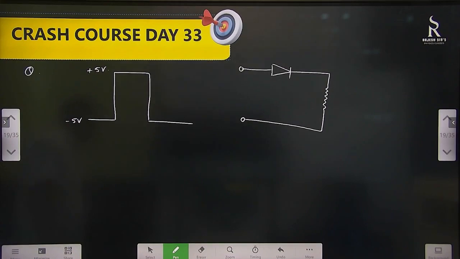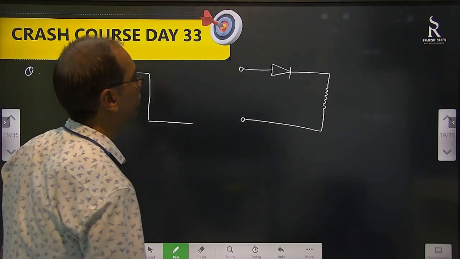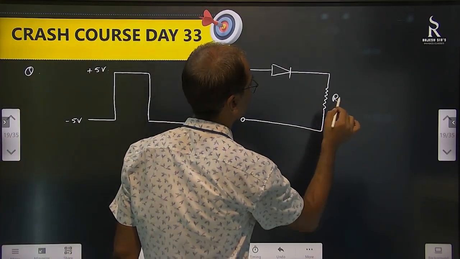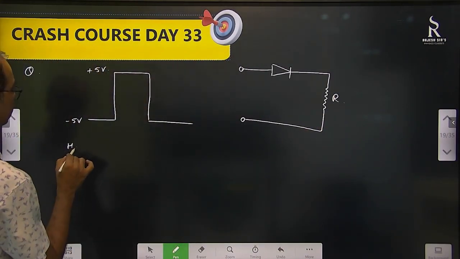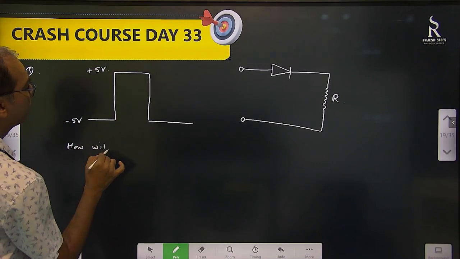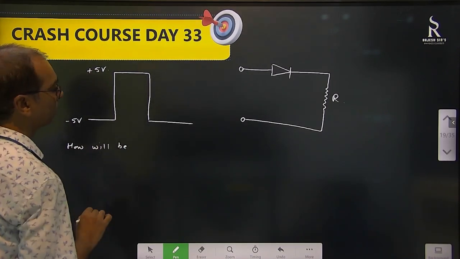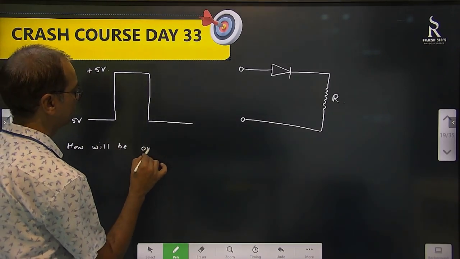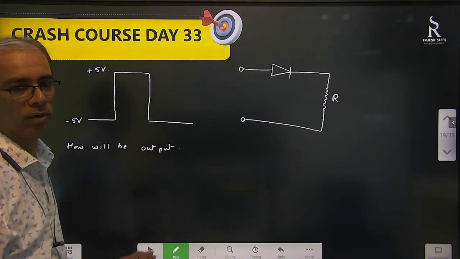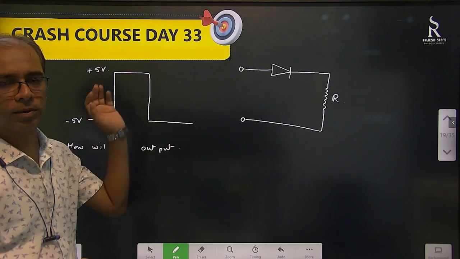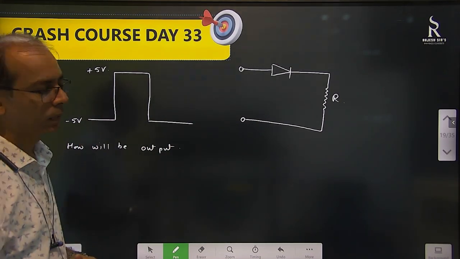Right. This is your resistance. So how will the output be? You can say it's a question of a rectifier. Okay, you are giving AC input to that, no? PN junction diode for rectifier. This is also AC input, minus 5 plus 5. Correct.